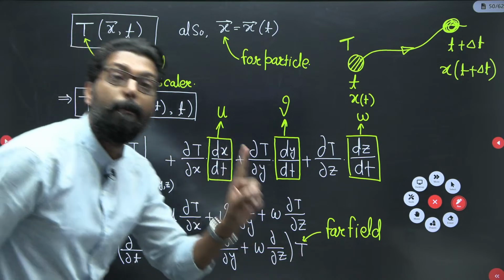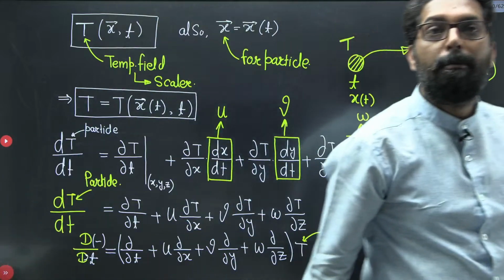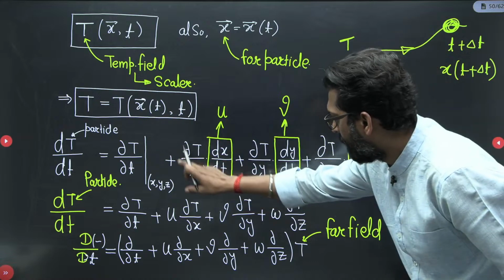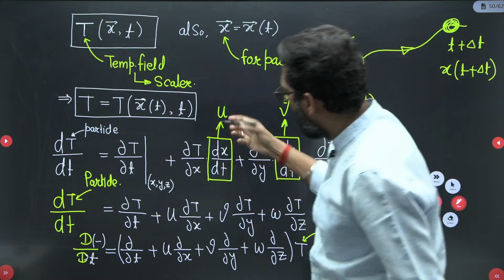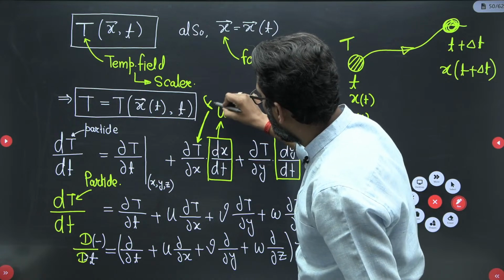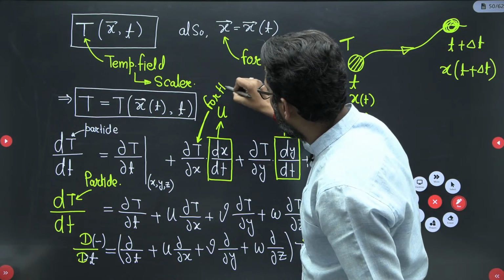That is your material derivative. So dT by dt is for the particle, but the partial derivative is for the field.